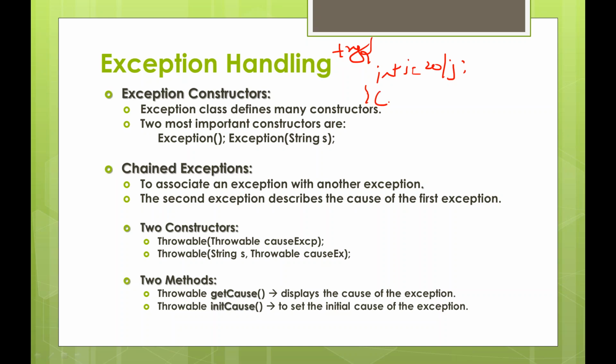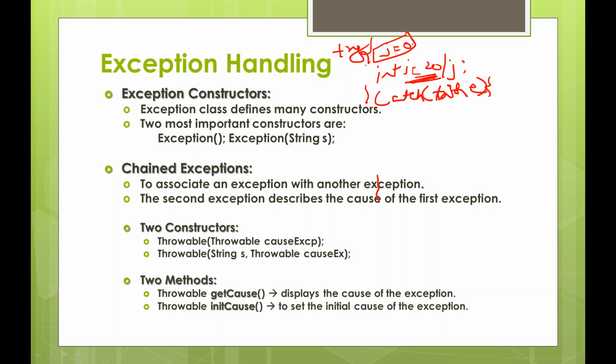Then I will catch. There is a possibility of arithmetic exception, so I will catch that arithmetic exception. Whenever this exception happens, like say data is not found, I am initializing j to 0.